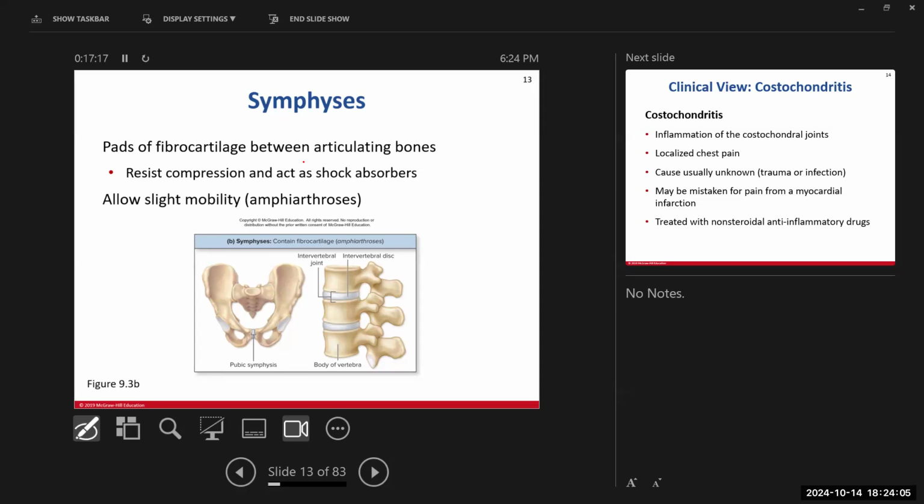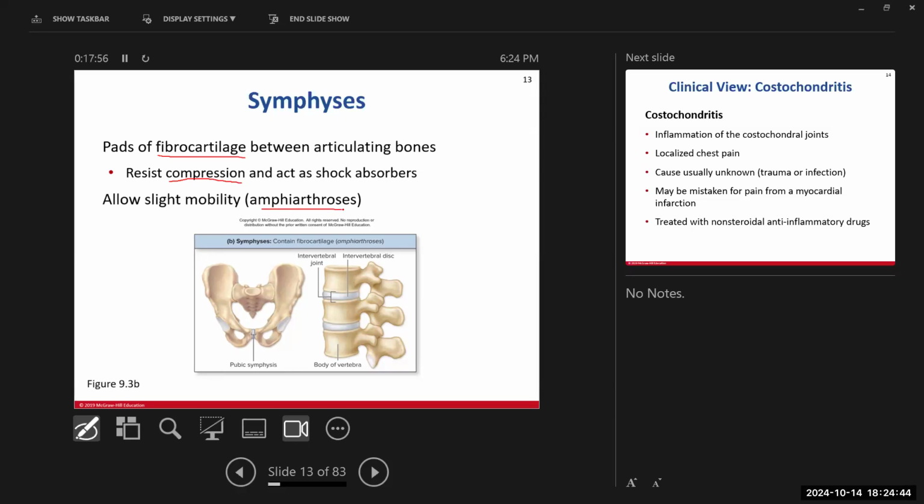And then the pubic symphyses, that little disc there that sits anterior in the front of your pelvis, in between the right coxal bone and the left coxal bone there. Again, big point of this type of joint is it's going to be made up of fibrocartilage. So we're going to see lots of compressive forces acting on that area there. And so these joints are there, all right, to help with shock absorption, but we'll see a little bit of movement there in these types. So therefore, we call them, if you have slight movement, amphiarthroses.